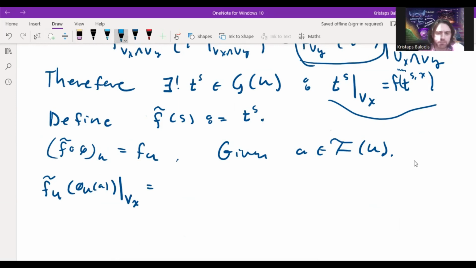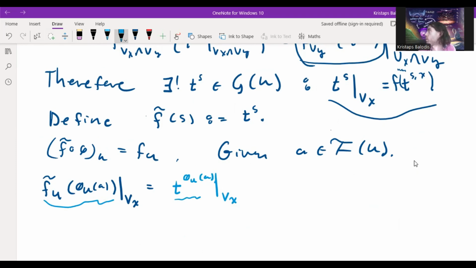By definition, this is just this section T that we built out of theta U A, in particular, the one restricted to Vx. Yeah, so this is this part here, right? By construction, this was just the labeling we gave for that.